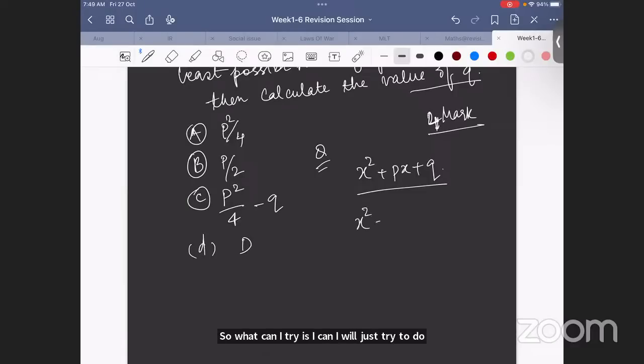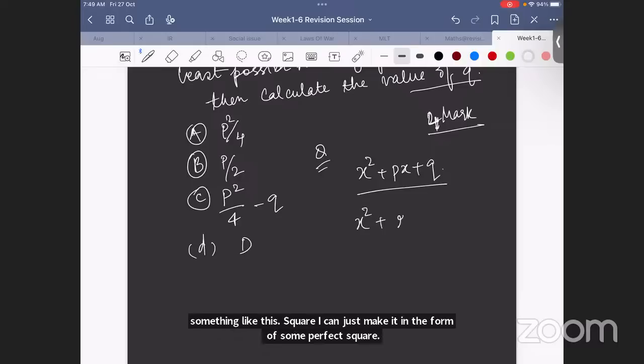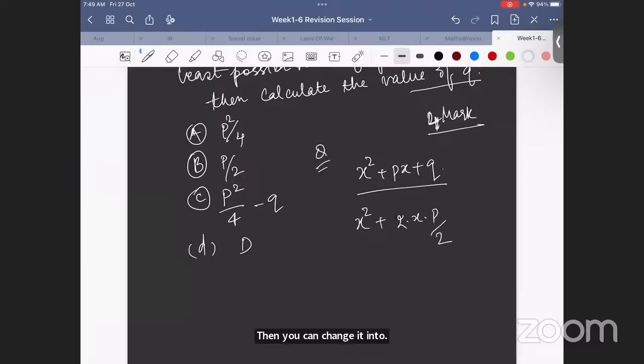So x square plus, can you write this in this way, P by 2? I've just divided and multiplied by 2 and 2.